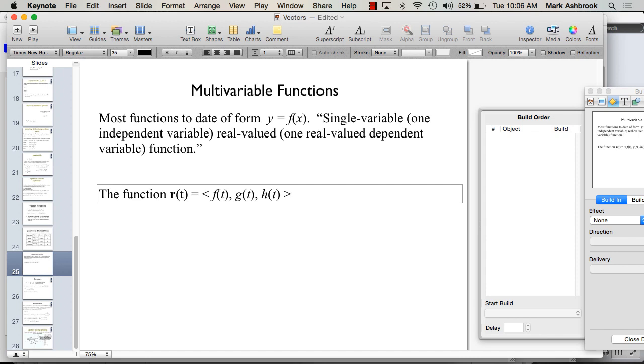Single variable refers to the independent variable. That's what we've got. Do we have one real value coming out of this? No, what do we have? A vector, right? So this is a single variable vector valued function.